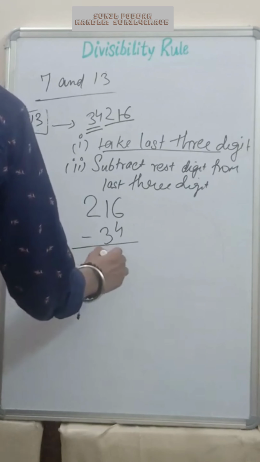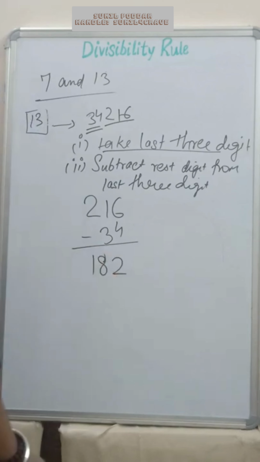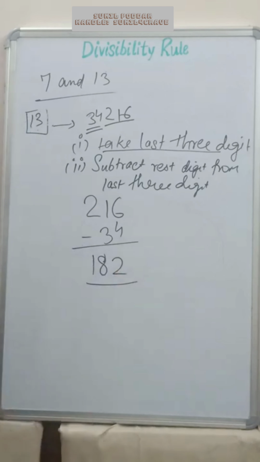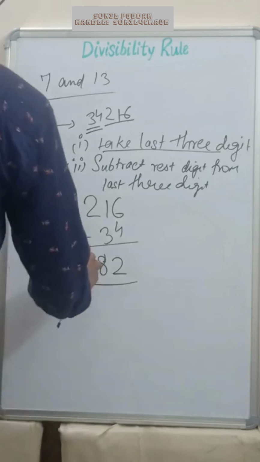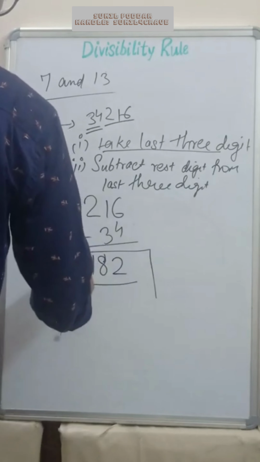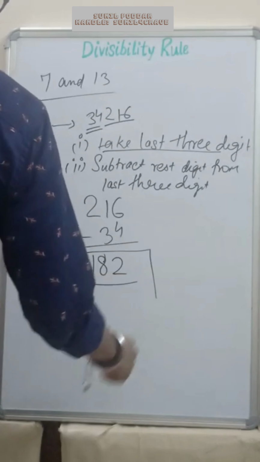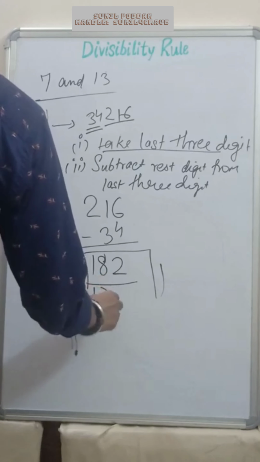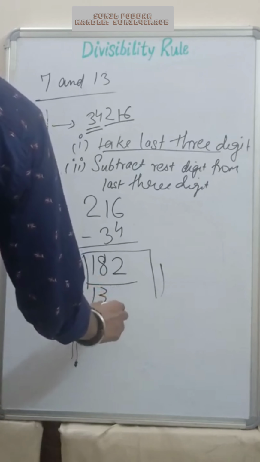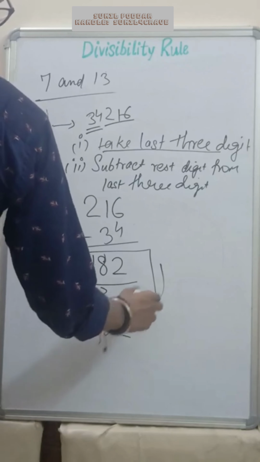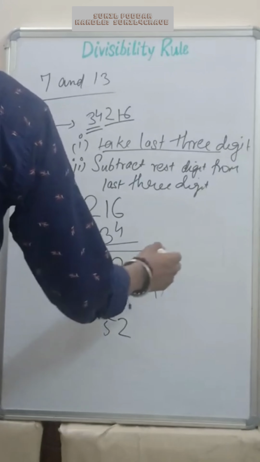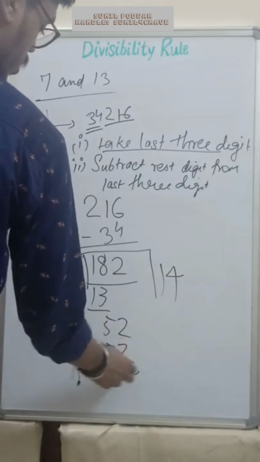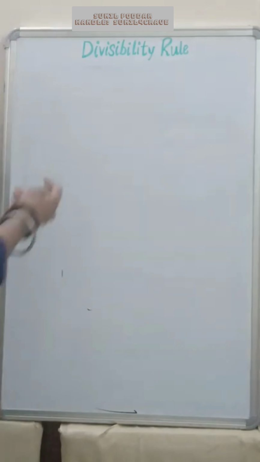Now it has become a smaller number, so we divide it by 13. 13 ones are 13, and you know it goes by 14.